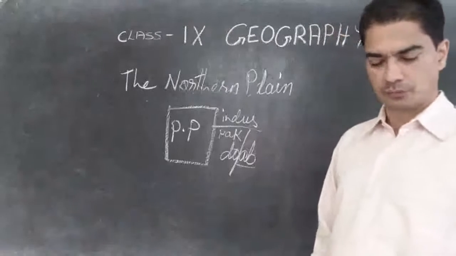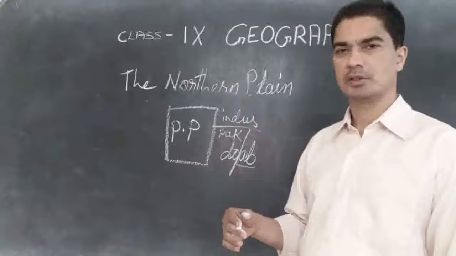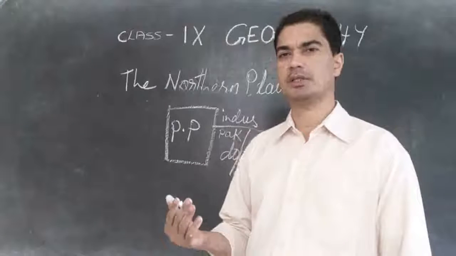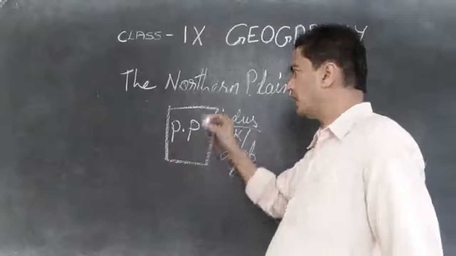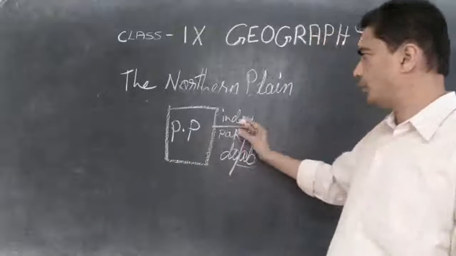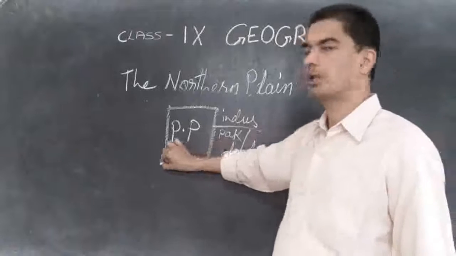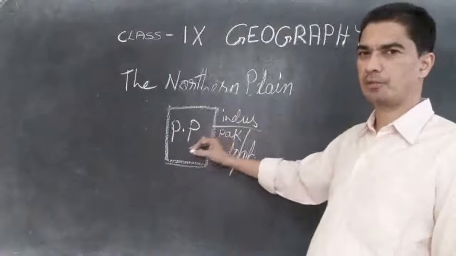We will not be able to complete the entire northern plain today, so we will wind up for today, and in the next class we will continue with the northern plains and learn more about the other areas. Only the first part, the western part of this northern plain, we have come to know about, which is known as the Punjab plain.